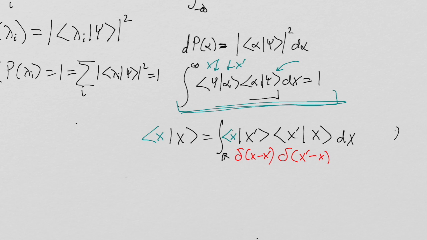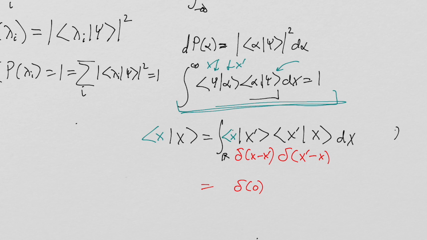The bottom line is you force x prime to equal x, right? And what happens is you end up with the integral of delta of 0. Or actually, no, you don't end up with the integral of delta of 0. You end up with just delta of 0, right?